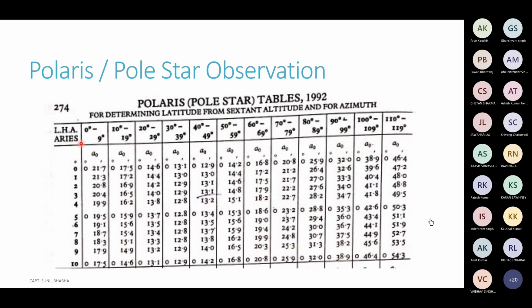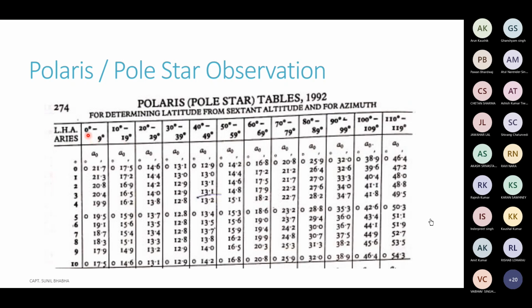In a Polaris observation, they will provide us with the date and time of observation, and they will also provide us with the DR position. So from the date and time, we will be able to get the GHA of Aries from the almanac. Applying our DR longitude to it, we will get the value of LHA Aries. Every column represents a range of 10 degrees of LHA.